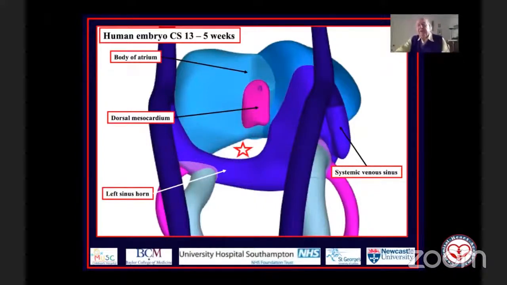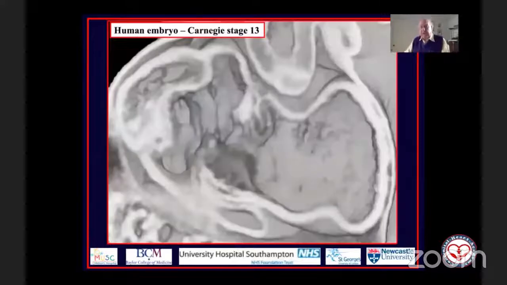But you see that because of this rightward shift of the venous tributaries, there is now a space between the body of the atrium and the left sinus horn. I can show you that in one of the episcopic data sets that was prepared by Tim Mohan. It's exactly the same stage of development, but now we're looking at it from the front.